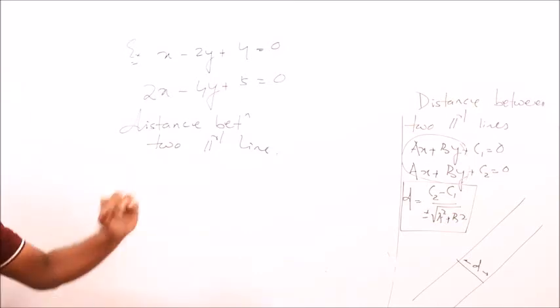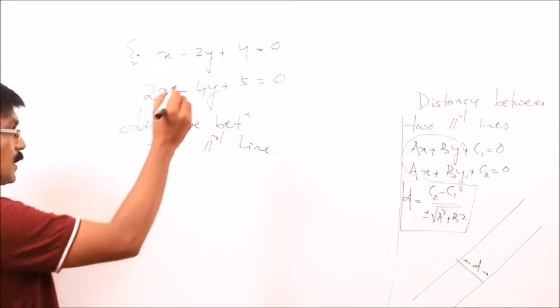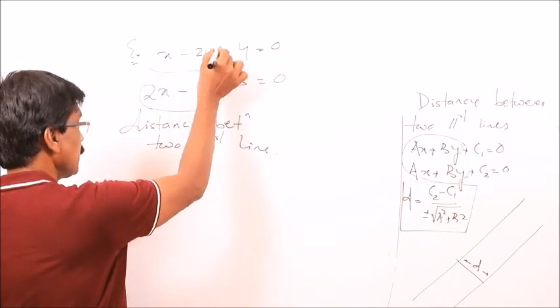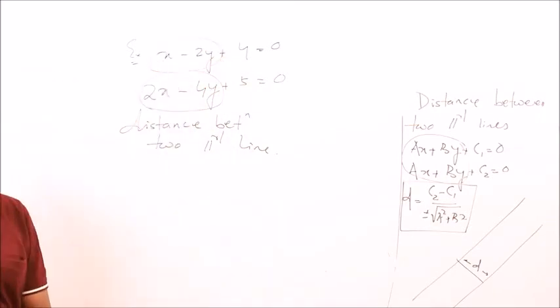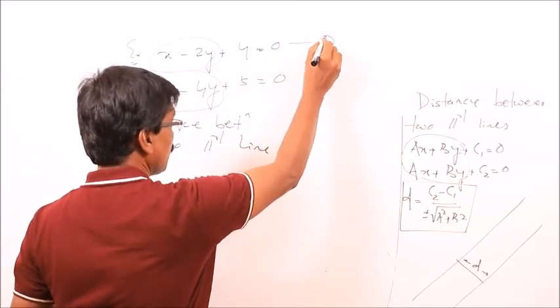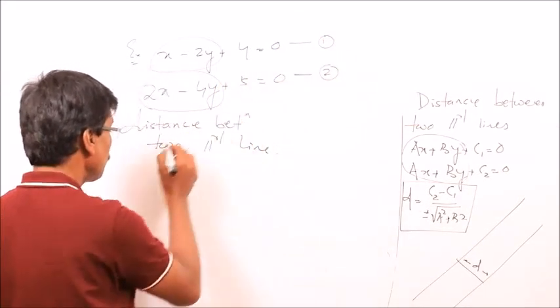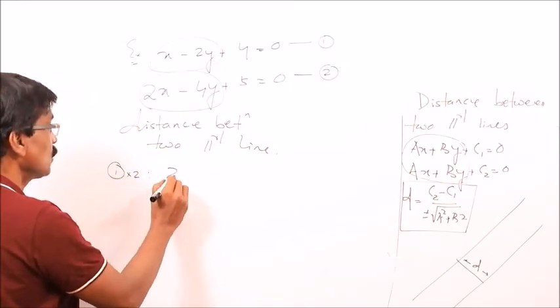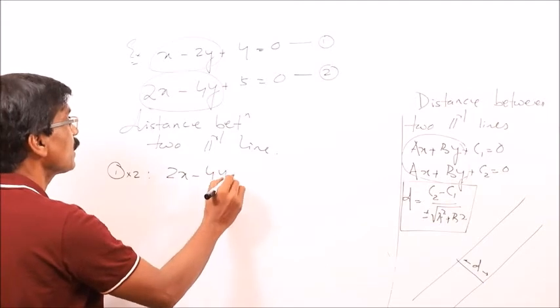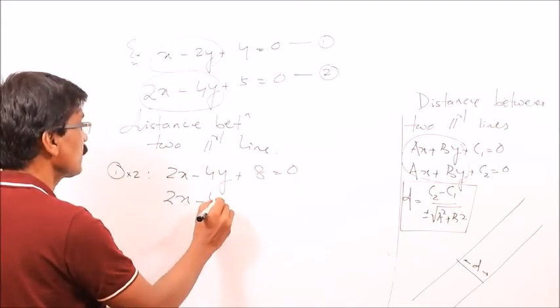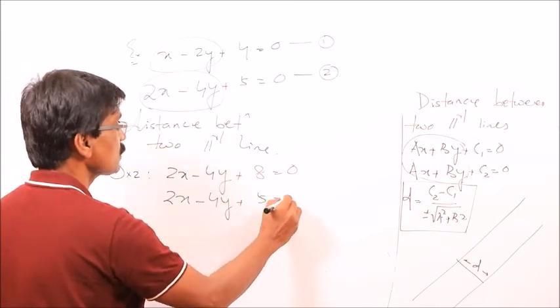Here these two lines are parallel, and the xy parts either remain equal or are equiproportional. So, we multiply equation 1 by 2. If we multiply equation 1 into 2, that will be 2x minus 4y plus 8 is equal to 0, and the second line is 2x minus 4y plus 5 is equal to 0.